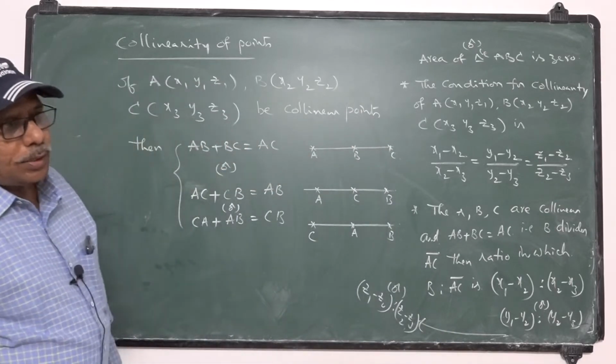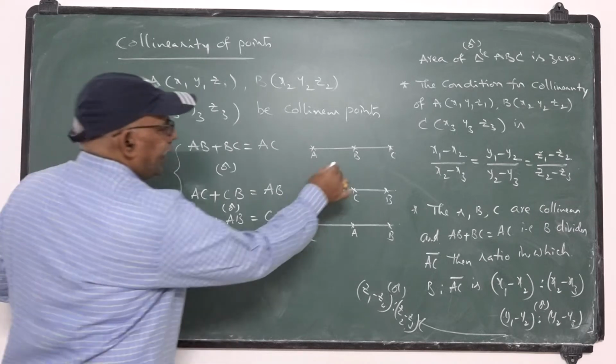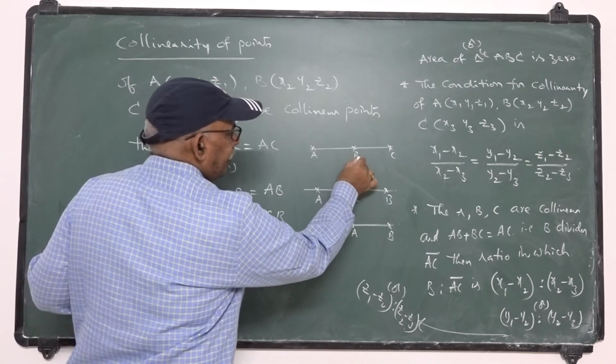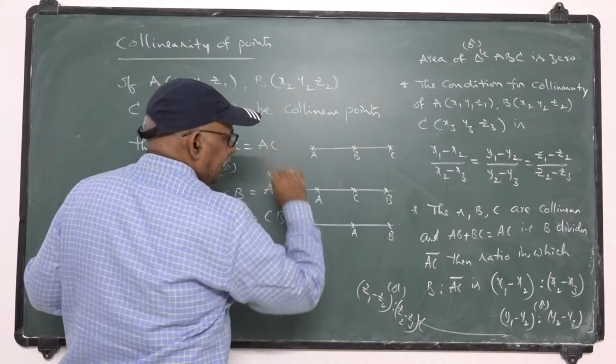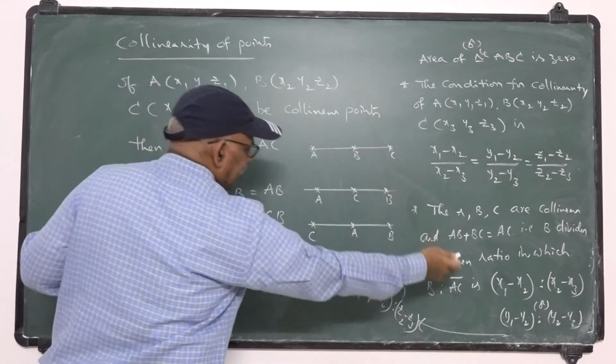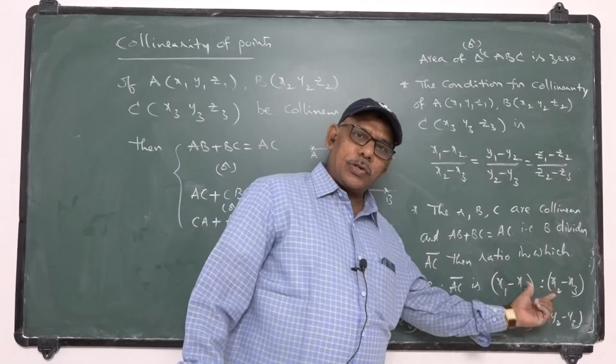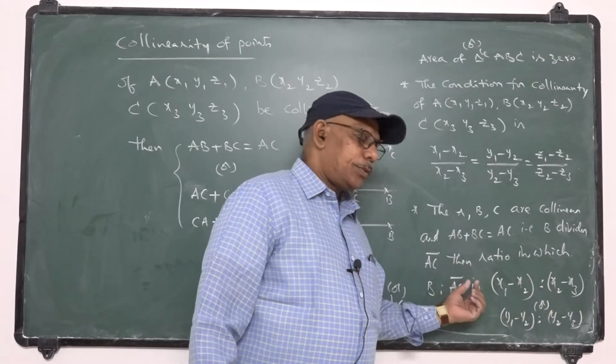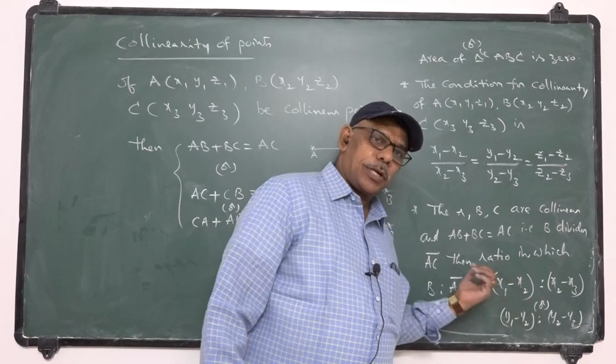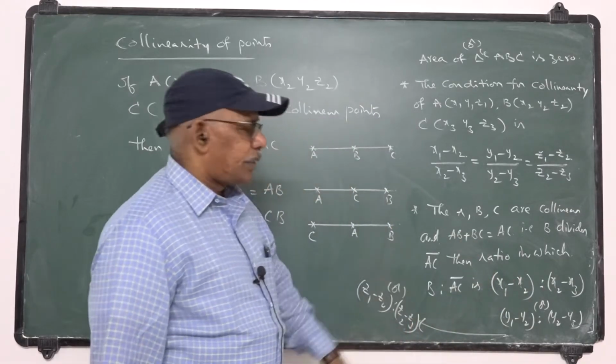So the ratio in which B divides AC, that means AB is to BC, you can find based on the x coordinates, or the y coordinates, or the z coordinates.